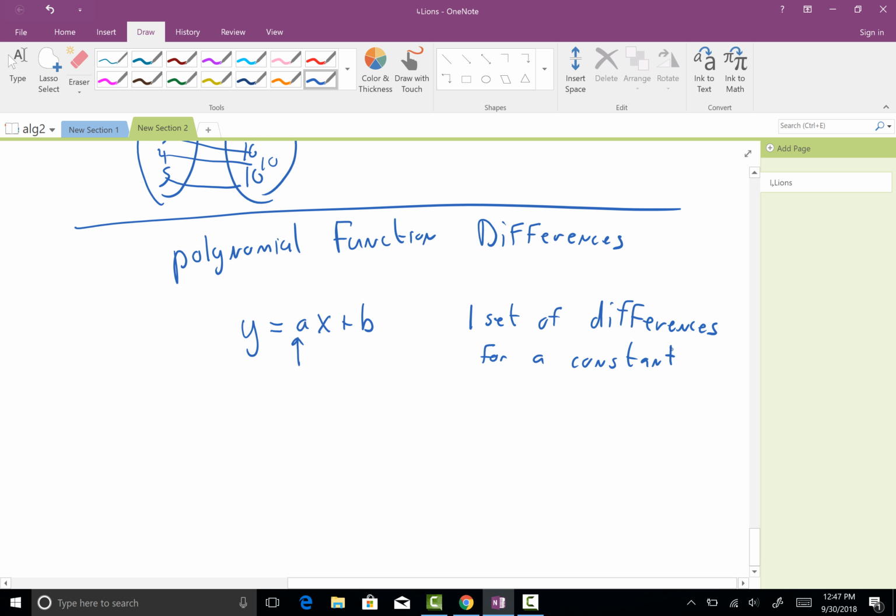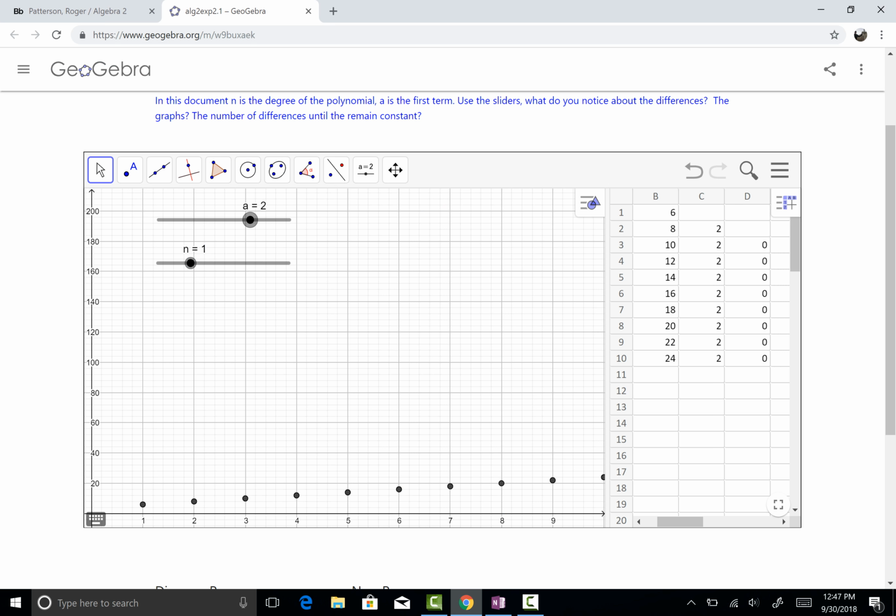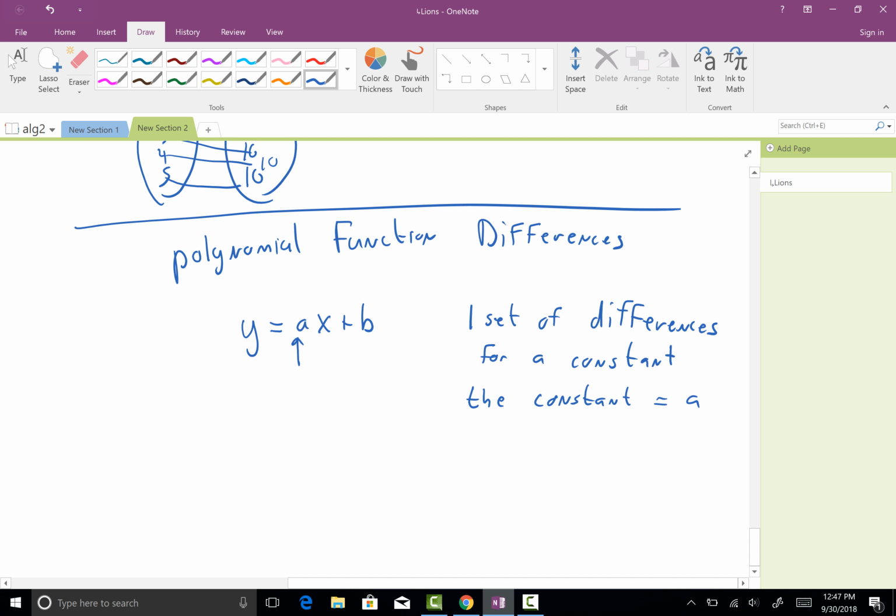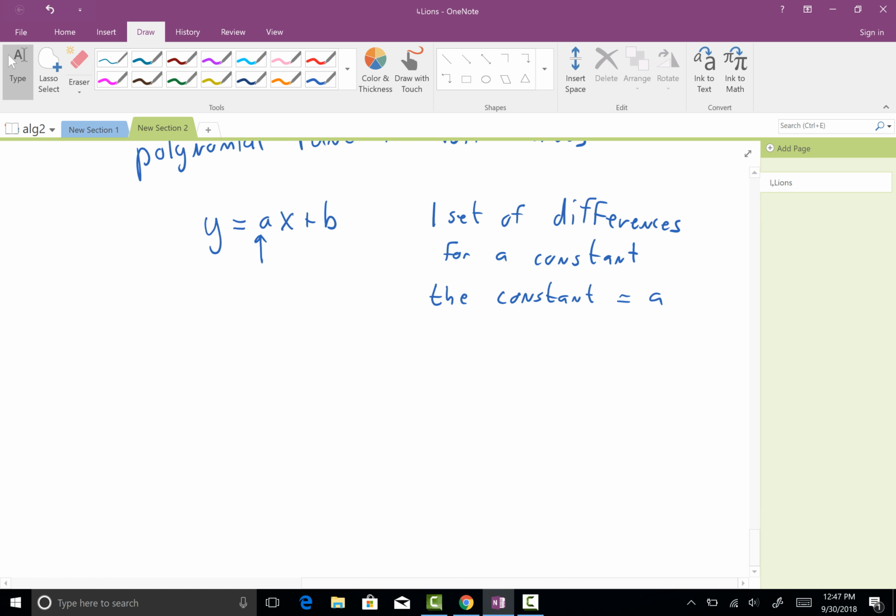And you also should have noticed that the constant was equal to what number? It was just equal to a. So when we went back here and we made a 2, 3.5, 5, whatever we wanted it to be. Negatives, we tried that too, we got the same thing, right? Well, that's for when it's linear.